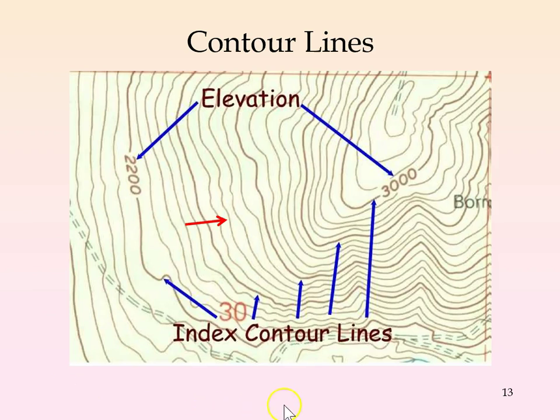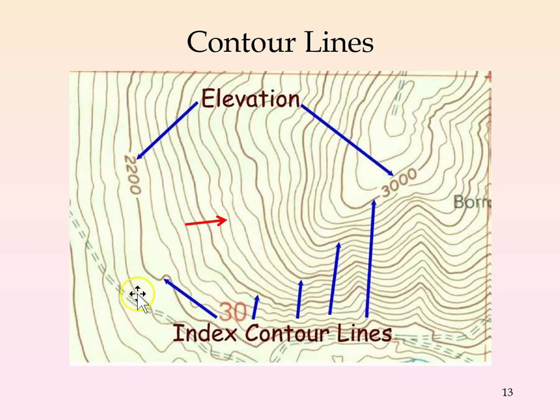Okay, so here is a section of a topo map. You can see all the contour lines on it. This is a hilltop here, so this represents a very high elevation, and down here on the lower left side is a lower elevation. Actually, all the way around the outside of the map is a lower elevation.